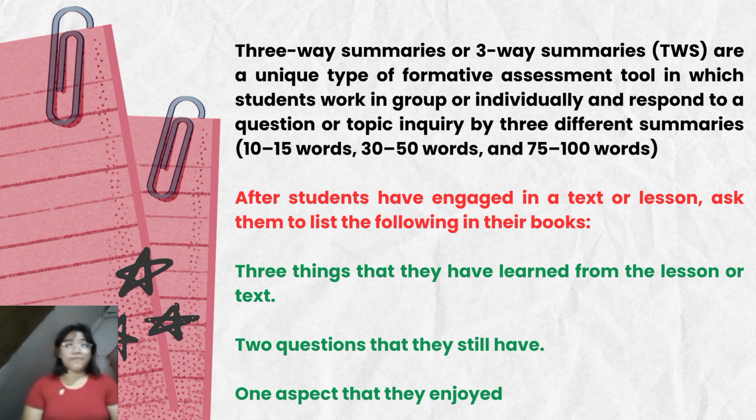First, 3 things that they have learned from the lesson or the text. Second, 2 questions that they still have, and 1 aspect that they have enjoyed. You can use the students' responses to guide future lessons and make adjustments to your teaching strategies.